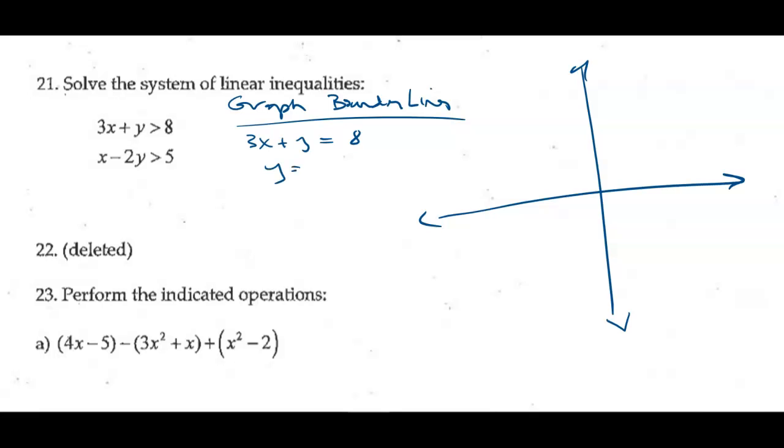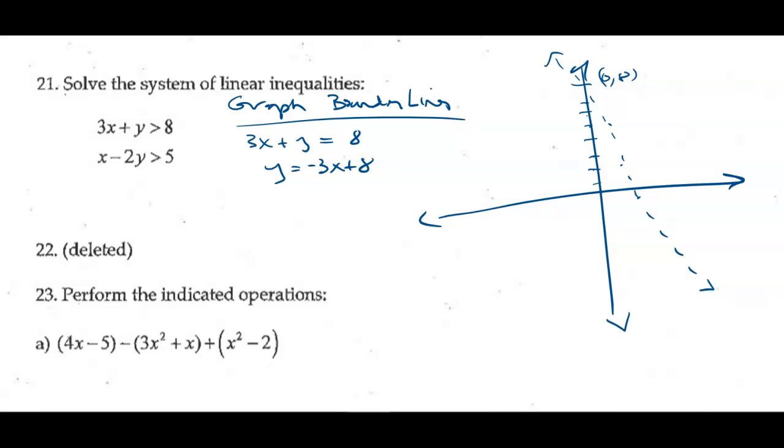So that's y equals negative 3x plus 8. So I got to go up to 8. That's my y-intercept. And then go, let's see, 1, 2, 3, 4, 5, 6, 7, 8. Okay. I'm going to go down 3 over 1. Dotted, because there's no equal to sign there.